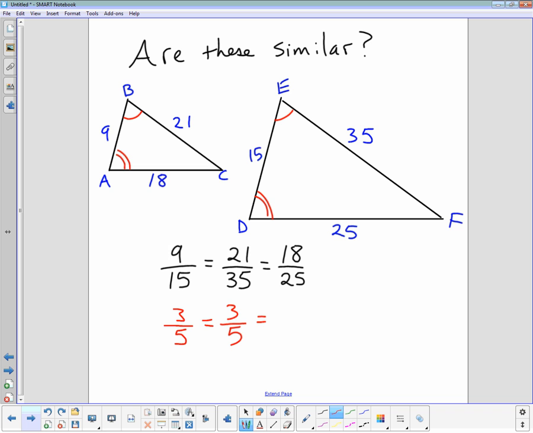Does that reduce? Doesn't work, does it? No, it's not the same. So if anything is wrong with this, then the whole thing doesn't work. They have to be exactly the same numbers all 3 times. This, my friends, is your scale factor.